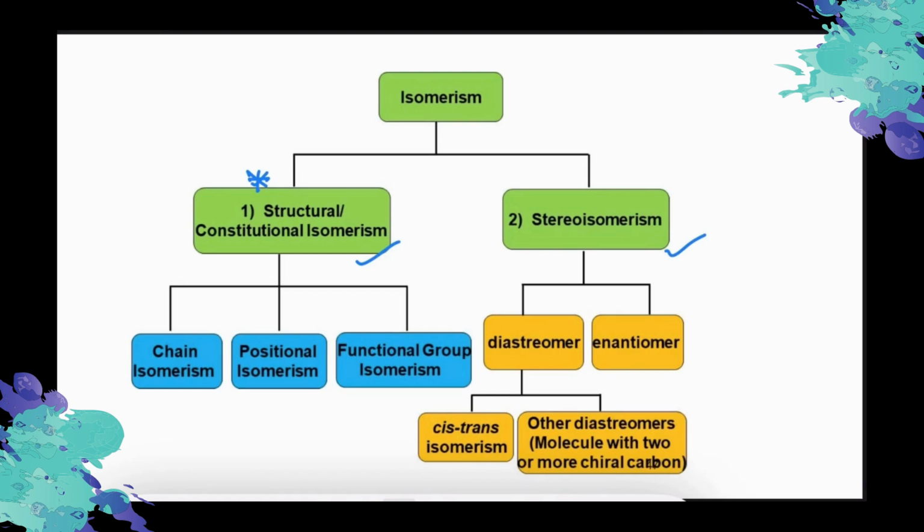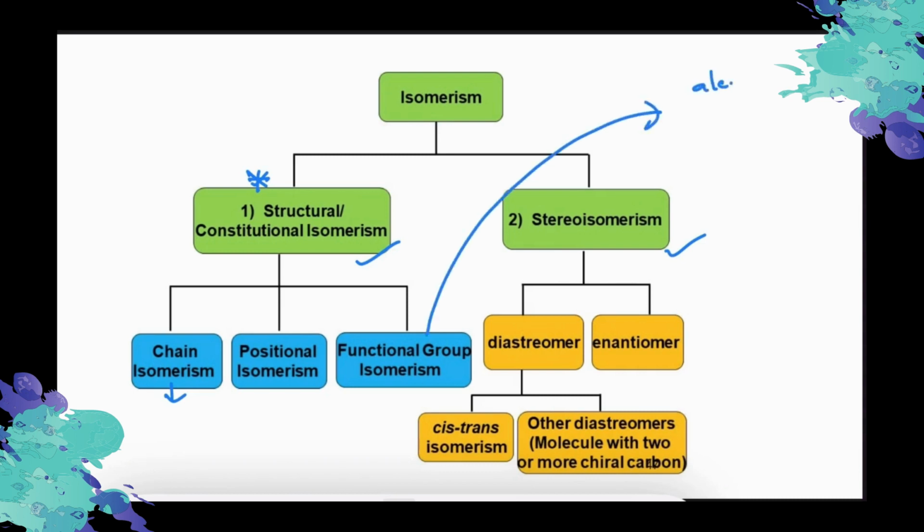The chain isomer, normally the compounds have the same functional group but a different chain. Positional isomer, same chain but different position of the functional group. And the functional group isomer is fixed, meaning that if you have an alcohol, the partner is ether. So maybe I can summarize it here.